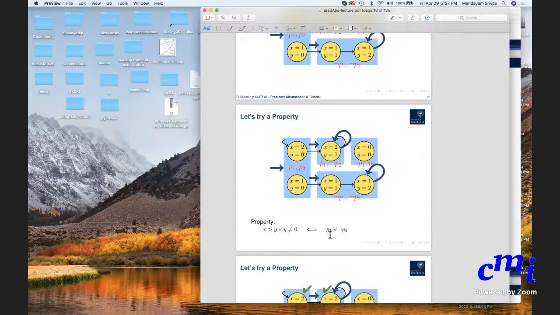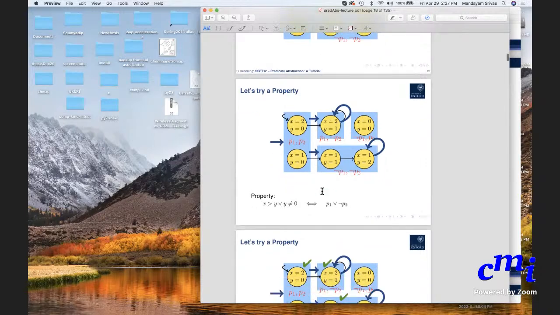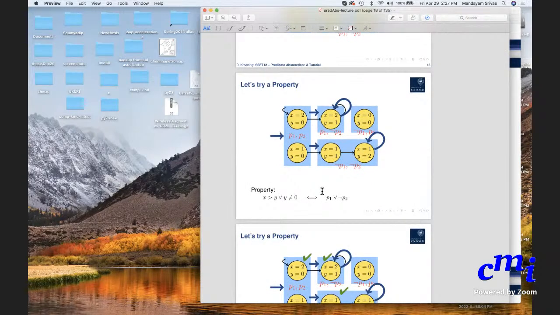Once you construct an abstract version of this formula in terms of the predicates, you could check this property on the abstract model, okay? And that's what is done, for which you can use traditional model checking, like you can compute the fixed point over this transition, and then get the strongest invariant and then check if that checks out.